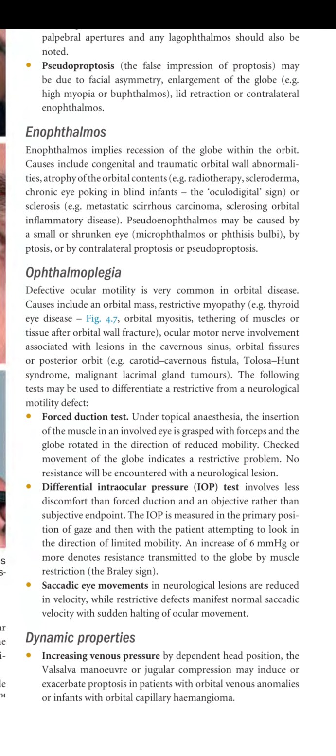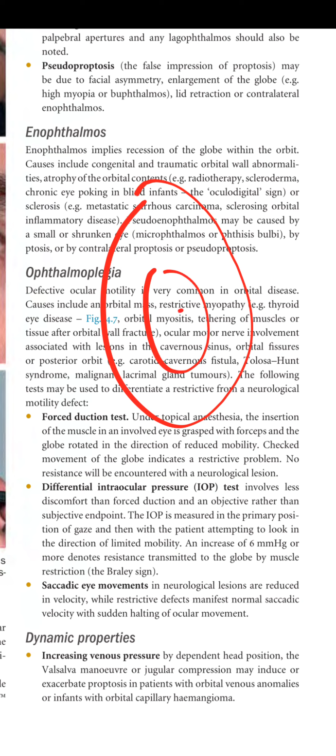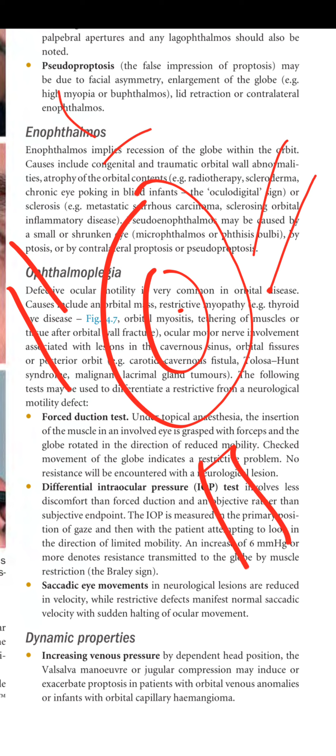So what you do is basically, for example this is an eye and this is the globe, the sclera, and there are four recti that are inserted into it. You give topical anesthesia, and you hold the limbus and move the eyeball in the direction of the muscle.